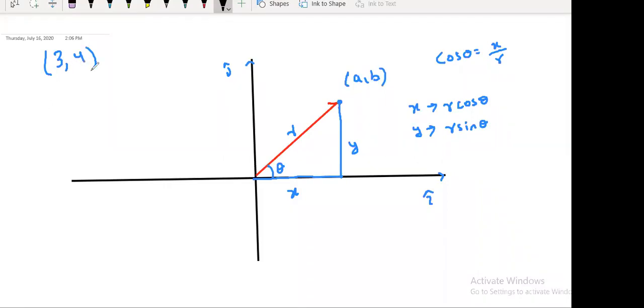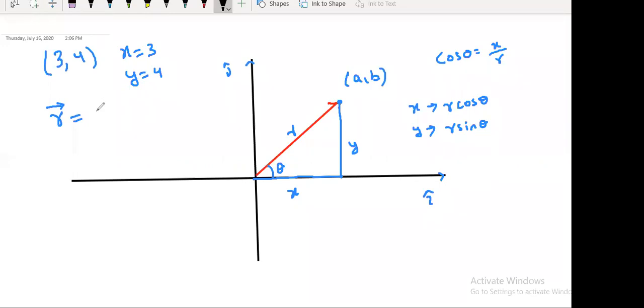It represents a point whose x-axis is 3, or y component is 4. Got it? So if I have to represent this point by a vector, it is represented by r vector. This is your representation of a vector, and this is your point, so it is your position vector.